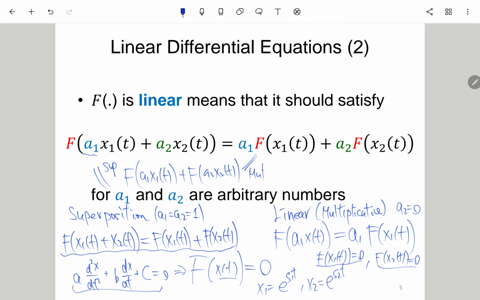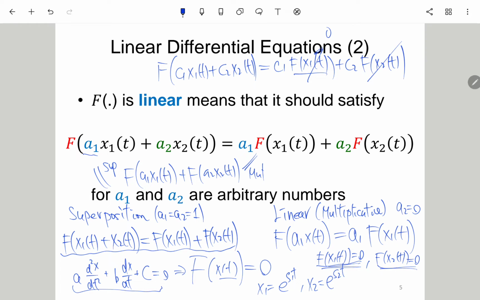With these two conditions, we use the linear property. F of c1 x1 t plus c2 x2 t equals c1 F of x1 of t plus c2 F of x2 of t. We already know that F of x1 and F of x2 are 0, so the whole thing equals 0.